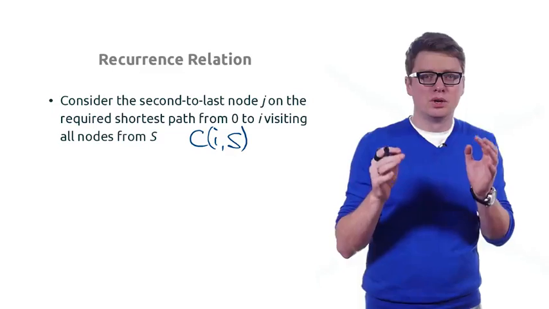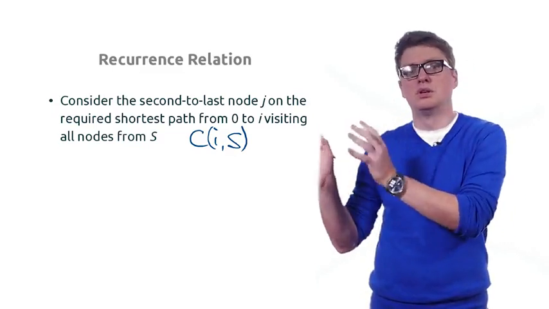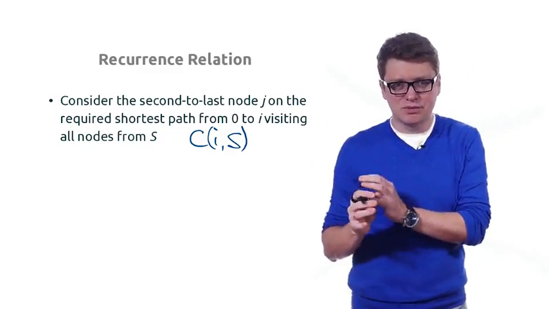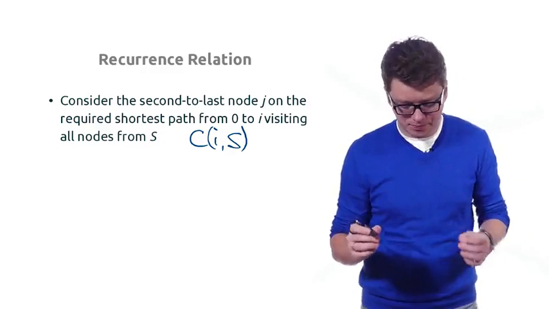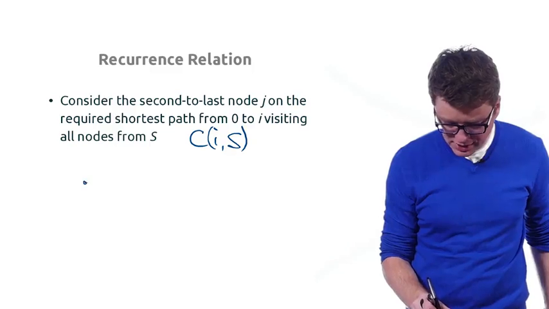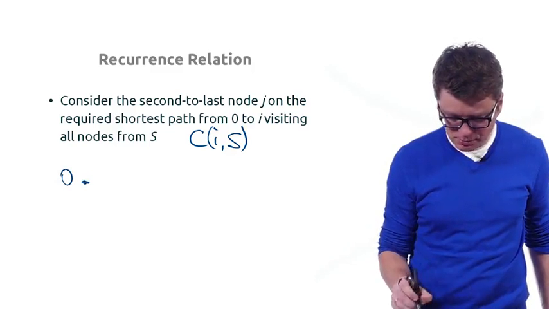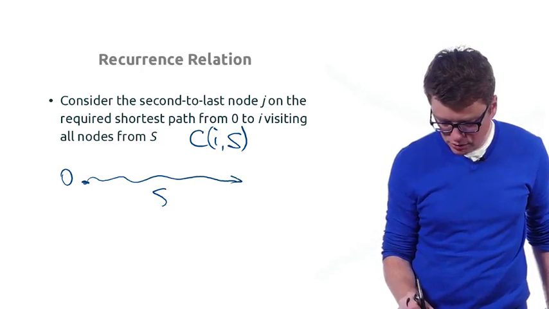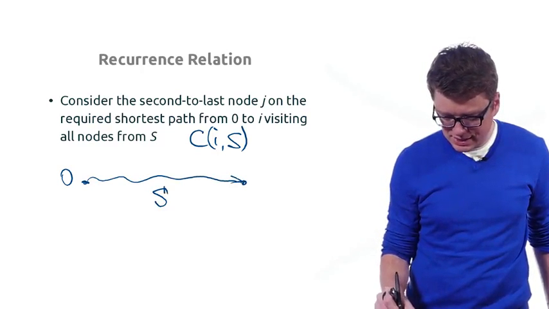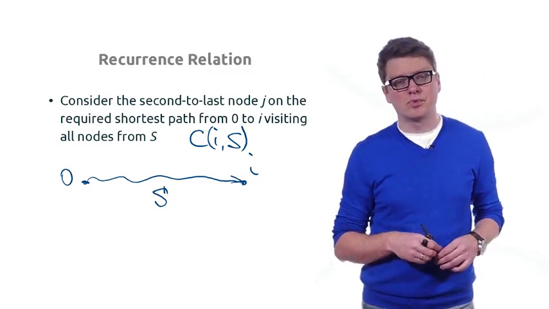So we're going to relate C of i, S to values of the same function for probably smaller sized sets S. Okay, so what is C of i, S? This is the length of an optimal path starting from 0, visiting all nodes from the set S and ending in a node i. Right?